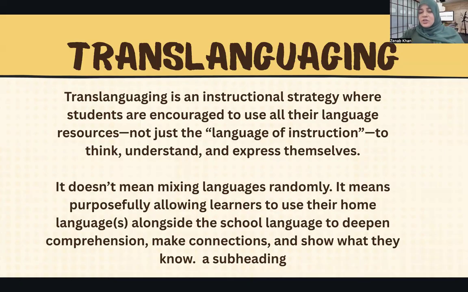Maybe the next strategy which you can take up is dual language text or pairing. This provides a short reading in English and a supporting summary in another language. Also, let students write their own summaries. One more strategy is creative expression. In reflection journals, allow students to write part in their home language and part in English.